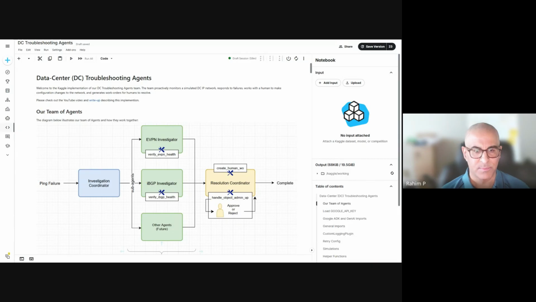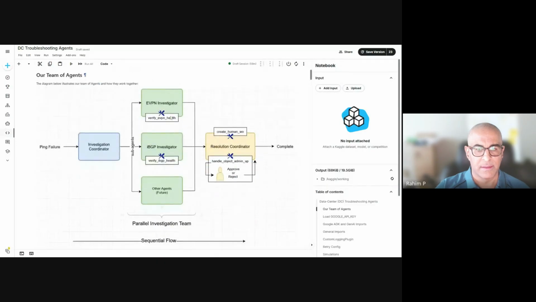Each one provides a report to the investigation coordinator. And as part of the sequential flow, the investigation coordinator sends the details to the resolution coordinator, and the resolution coordinator analyzes these details and comes up with a plan to resolve these issues.